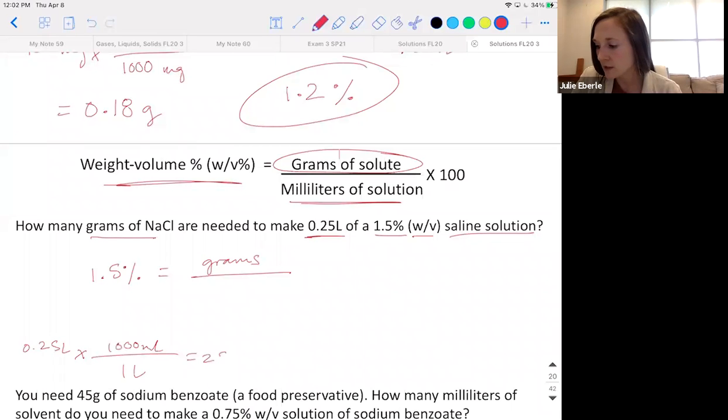You should get 250 milliliters. 250 milliliters goes on the bottom, that's times 100. So what do I need to do to solve for grams? I need to divide both sides by 100. 100 cancels on the right side. I need to multiply both sides by 250.